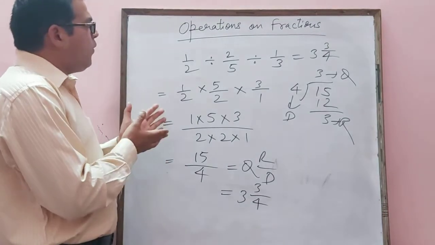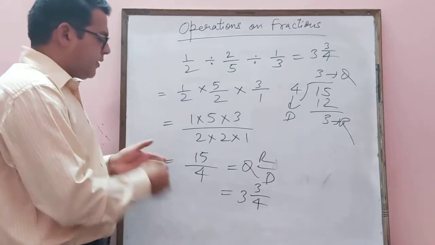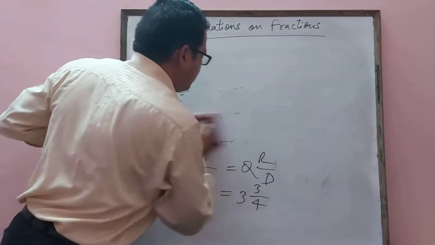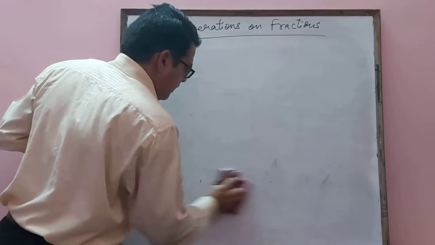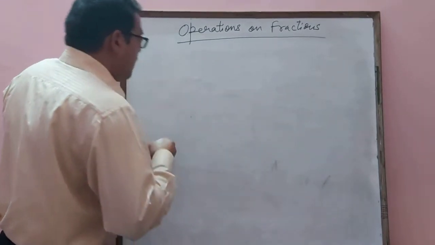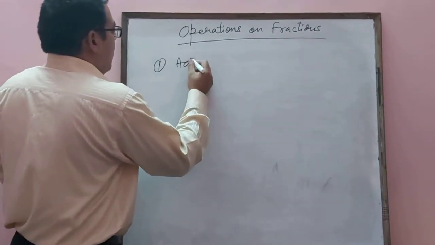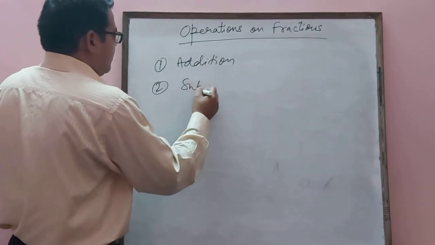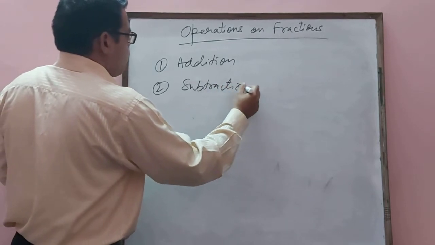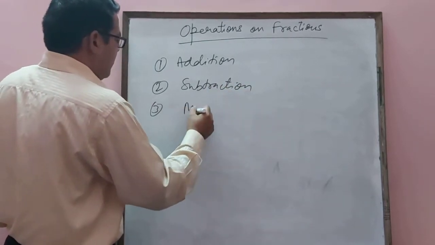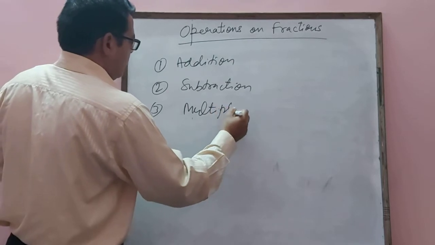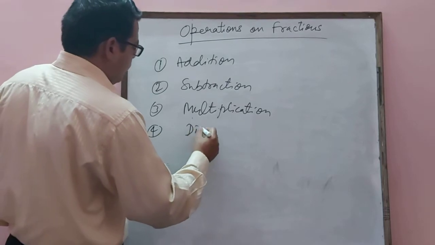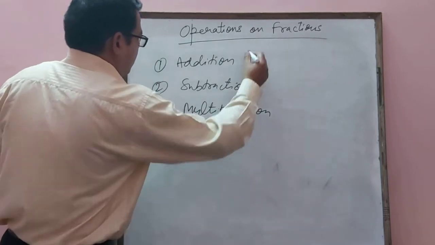Right? Now we have discussed all 4 operations. Let me summarize what we learned in the previous 3-4 lessons. We learned how to add fractions, subtraction we already know, then division, multiplication, and in today's lesson we also learned how to divide fractions.